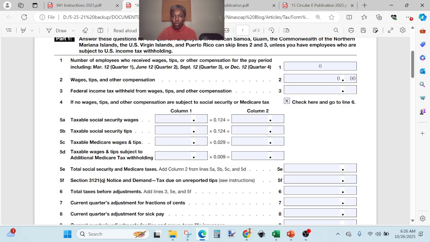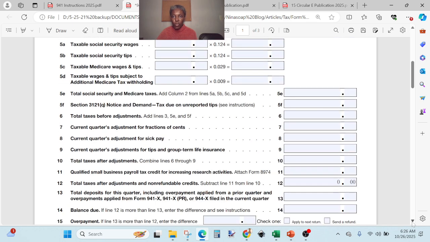So it's asking you to take line 3 and line 5e, and if there is anything on line 5f, to total those and put it on line 6. Since we don't have anything on lines 3 and 5, line 6 is going to be 0, so you leave it blank. Lines 7, 8, and 9 are adjustments, and some of them are fractions adjustments between what is actually withheld and the calculations that are going on here.